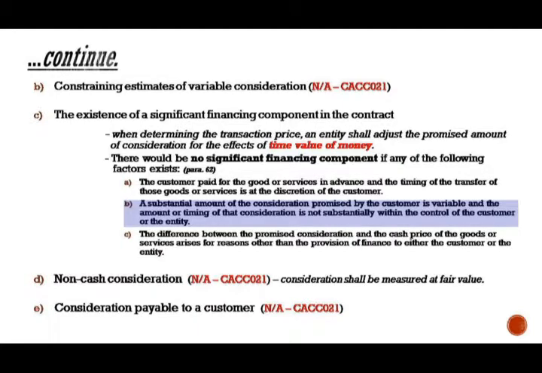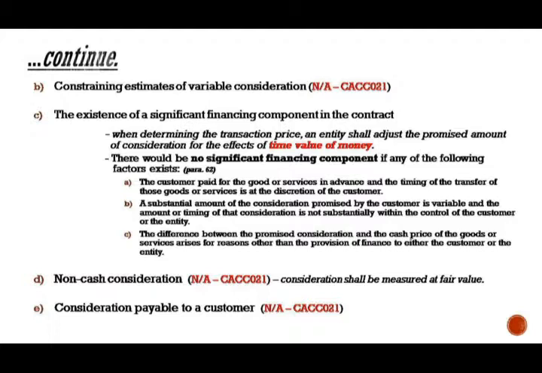Number B, a substantial amount of the consideration promised by the customer is variable, and the amount or the timing of that cost is not substantially within the control of the customer or the entity. Both the customer and the entity cannot determine when they're going to pay or how much they're going to pay.